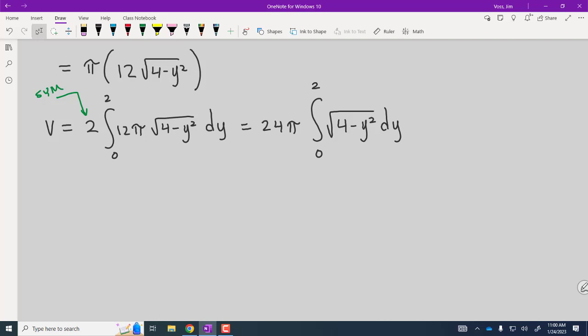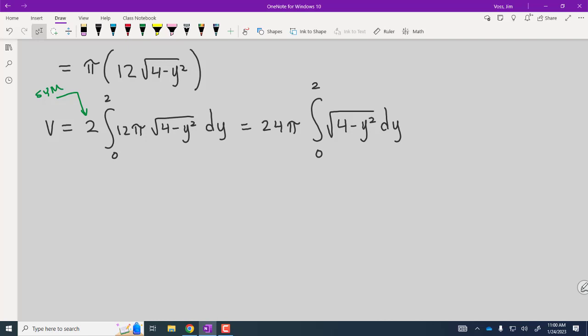Because integrals mean things that are geometric. The integral represents the area beneath the curve that's in the integrand. And what kind of curve is that? A semicircle. That curve is a semicircle.